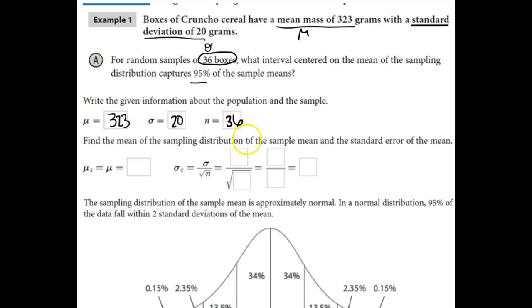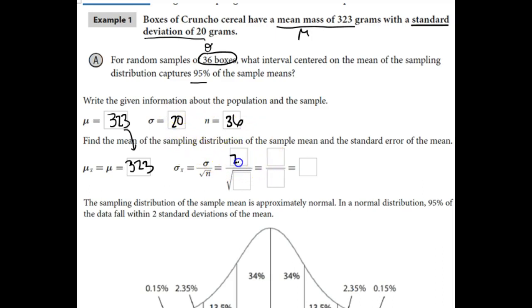So we've identified those values, and that's going to help us plug in some numbers. Remember, we find the mean of the sampling distribution of the sample mean and the standard error of the mean. Once you identify it, you kind of know it. The rest we're going to calculate.